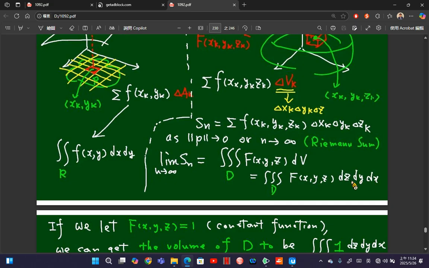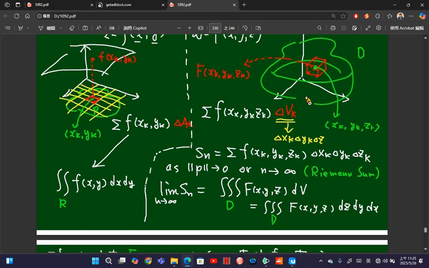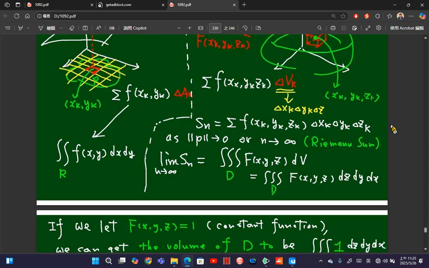We still follow the rule for the double integral: if dz, remember, emit a ray toward the region in parallel to the z-axis, and see where it enters and where it leaves.